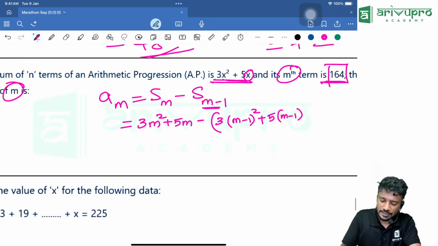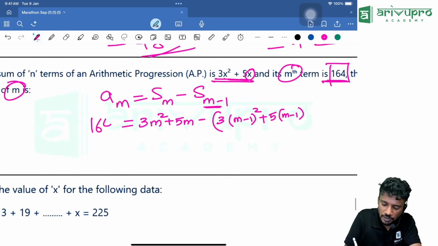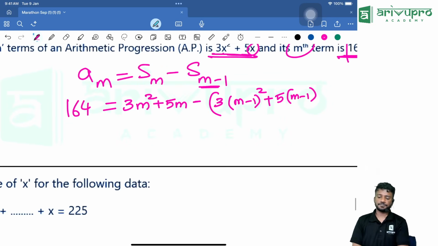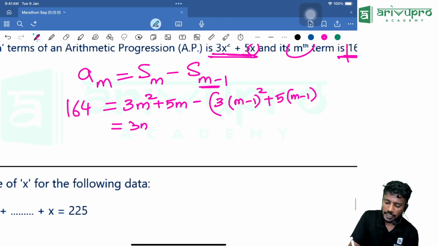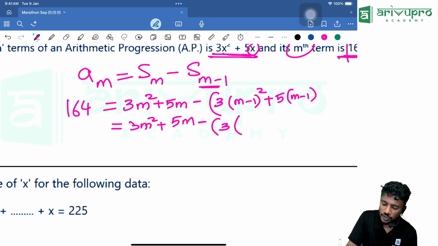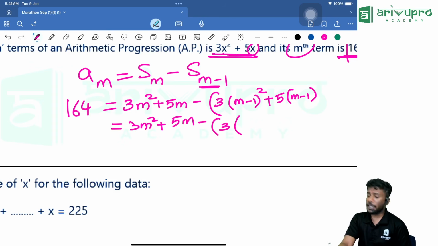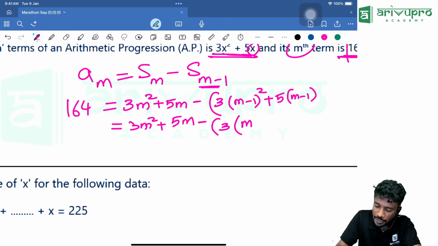Just simplify it and option hit. Which is equal to 3m square plus 5m minus of 3 into m minus 1, the whole square, which is m square plus 1 minus 2m, then plus 5m minus 5.